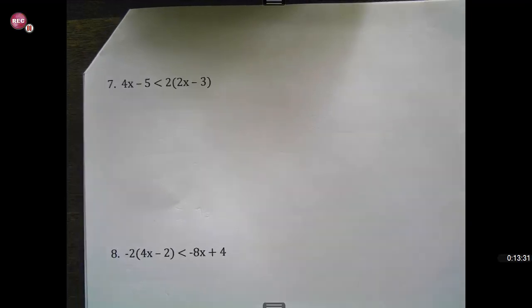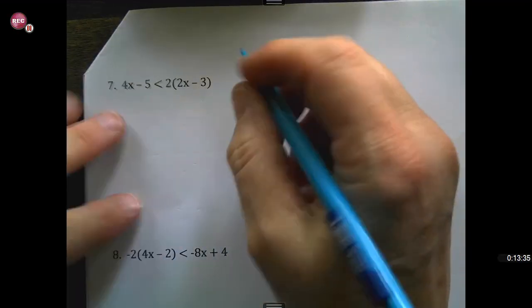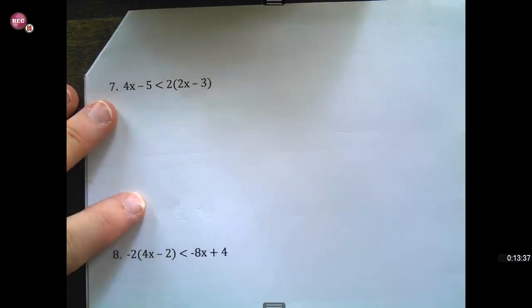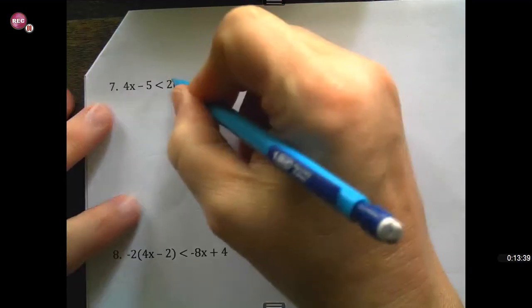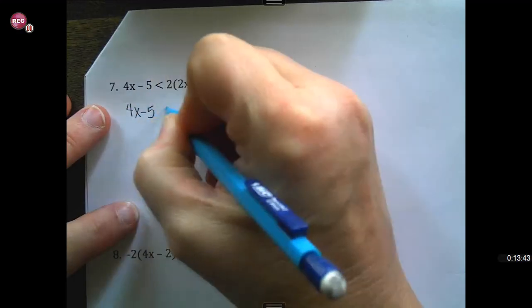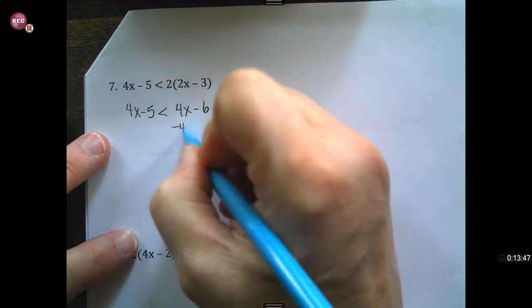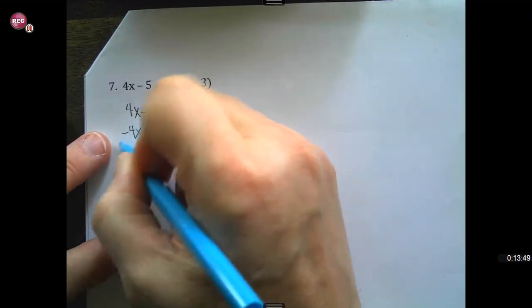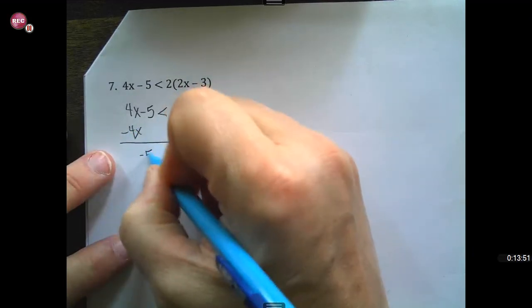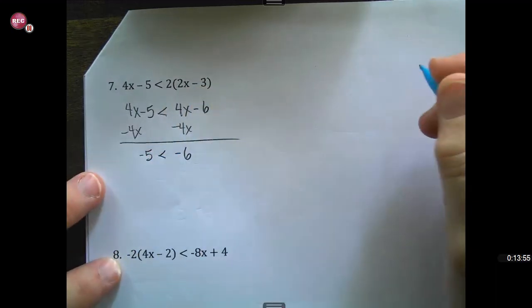Okay. I'm going to work through these, but I'm not going to work through all of these examples. Here I'm going to distribute: 4x minus 5 is less than 4x minus 6. Subtract 4x on both sides. Negative 5 is less than negative 6. We knew this was going to happen, right?